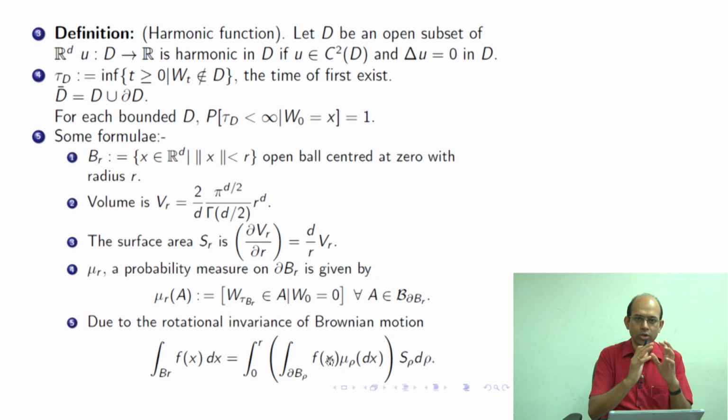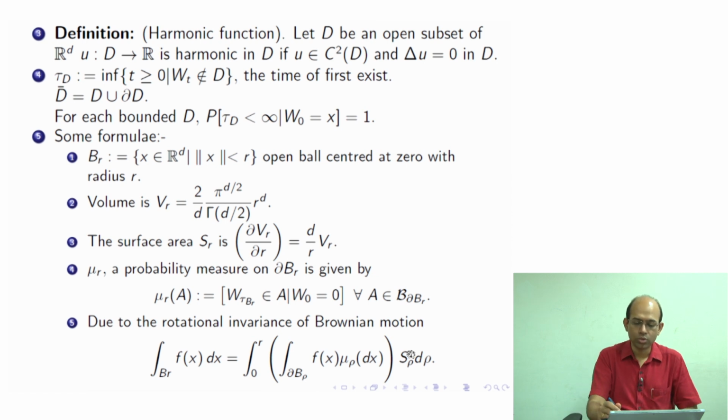Then del B_rho are the spheres, and we integrate on each sphere using the measure on the sphere, that is mu rho, and whatever number we get, we again integrate from 0 to r with S rho d rho. What is S rho? S rho is the area measure of the sphere.